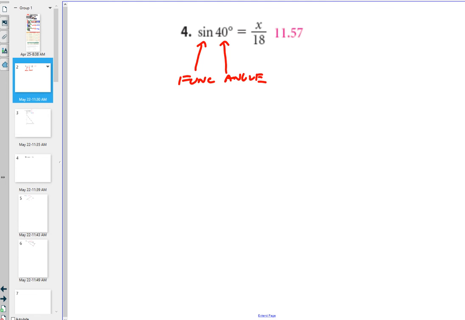Because you're going to have to eventually write these on your own, the x is a side. Which side is the x? If we're doing sine and we learned SOH CAH TOA, if I could see a picture, x would be opposite of the 40. It would be across from it. It would be the opposite leg. Look at that. Okay. So it's just that it's been written 40.